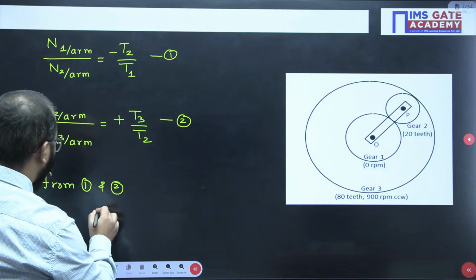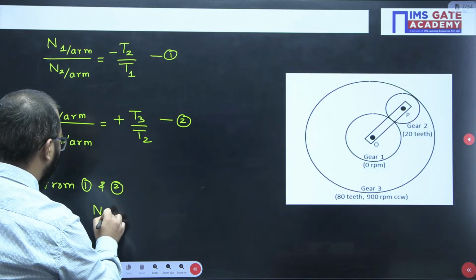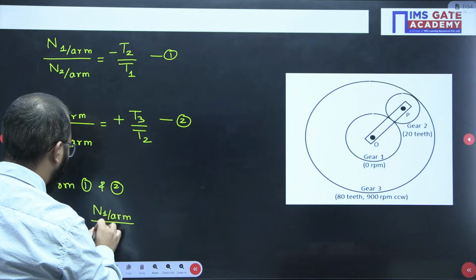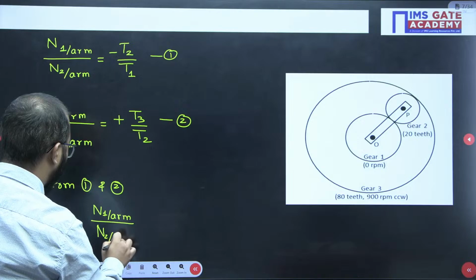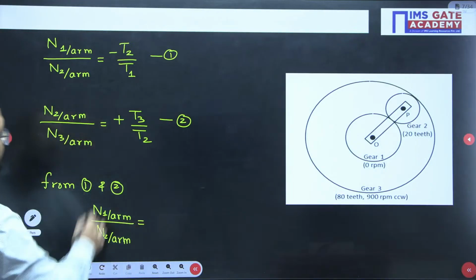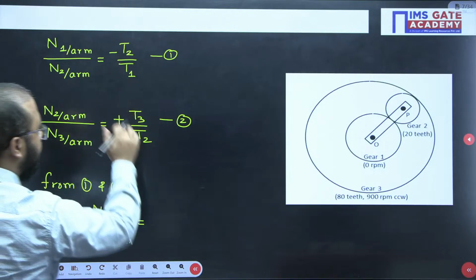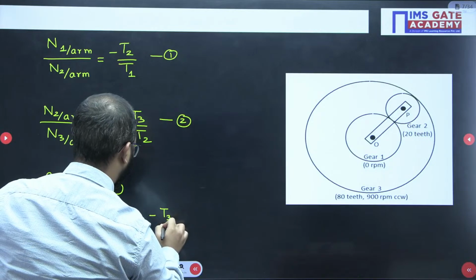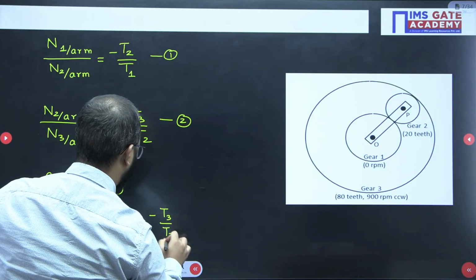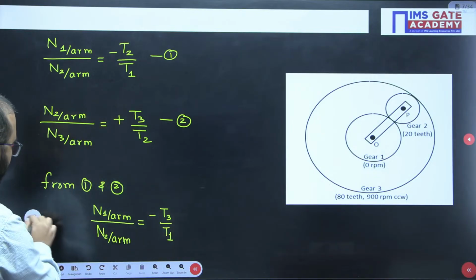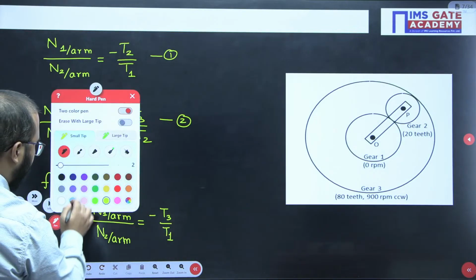So here we are going to write speed of rotation 1 with respect to arm divided by speed of rotation 3 with respect to arm. Here it will get multiplied, T2 will get cancelled out, so you will get minus T3 by T1. So here 2 will not come, 3 is going to come.